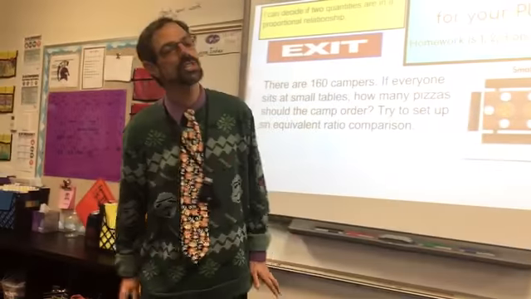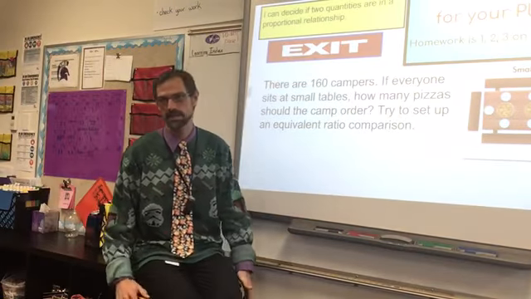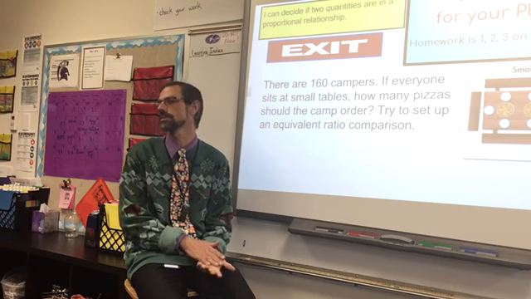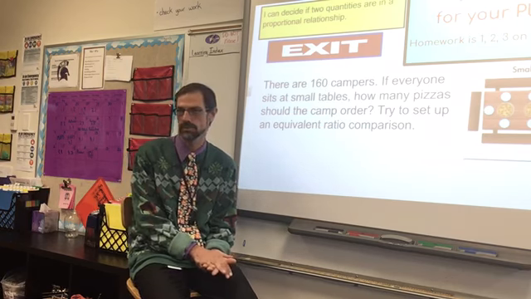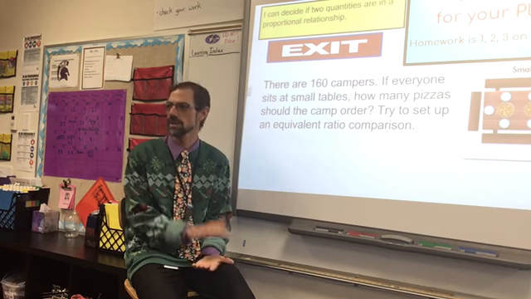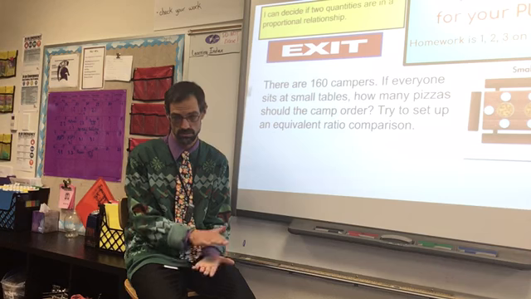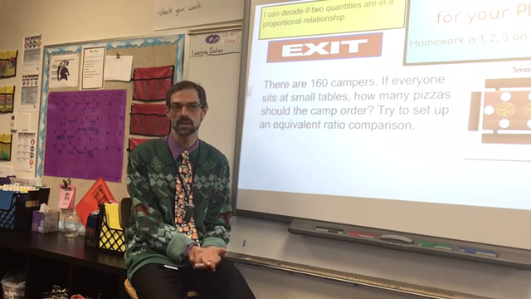Now, logic is great. I'm telling you, I love the mathematical thinking that you guys do. But what I'm going to ask you to do on this problem is try to set it up as an equivalent ratio with an unknown, and you solve for the unknown.